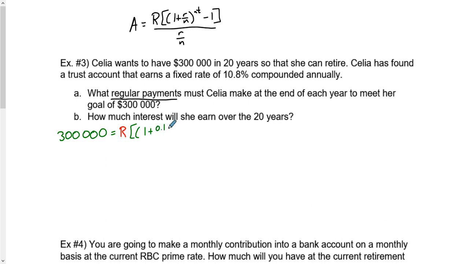A 10.8% interest compounded annually for 20 years. In order to properly manipulate this equation, we'd have to multiply both sides by this 0.108.